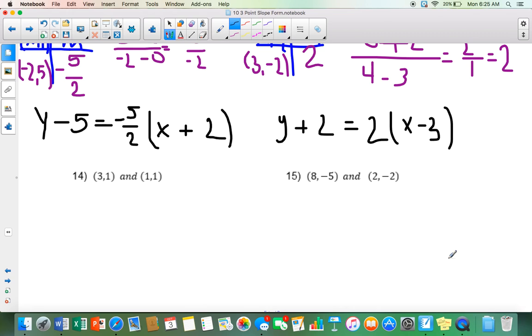Now we're going to look at number 14. So again, we've got 2 points. I'm going to make my little xy because I know I need a point and I need a slope. I'm going to find my slope just by doing what we've been doing, which is y2 minus y1 over x2 minus x1.